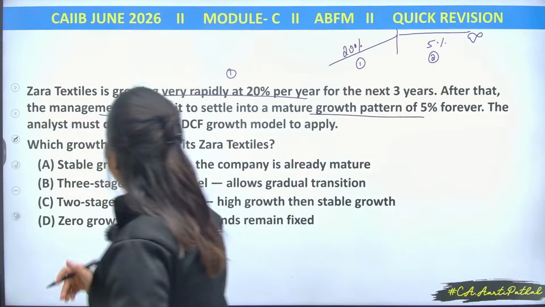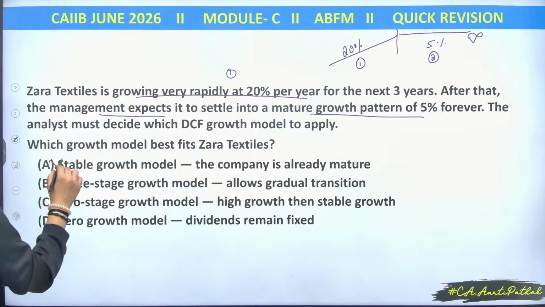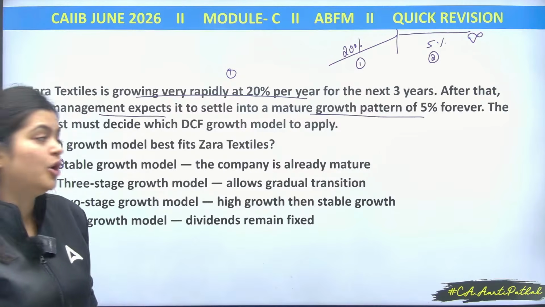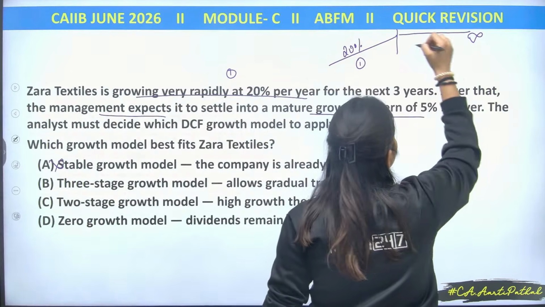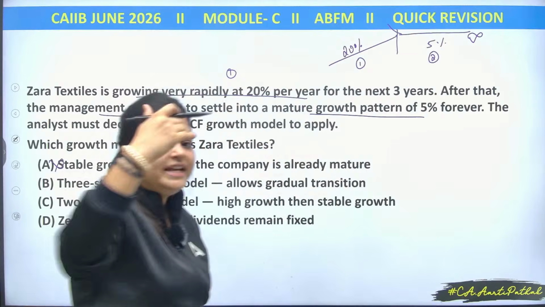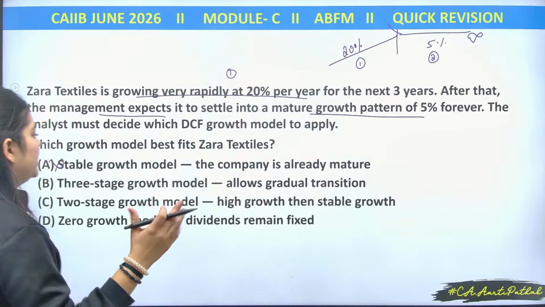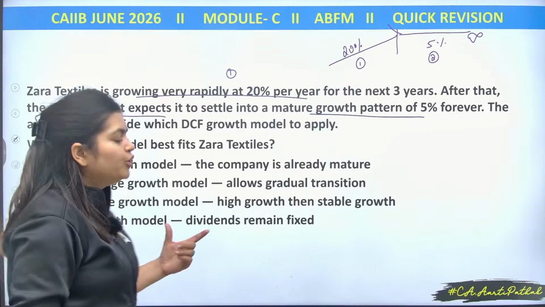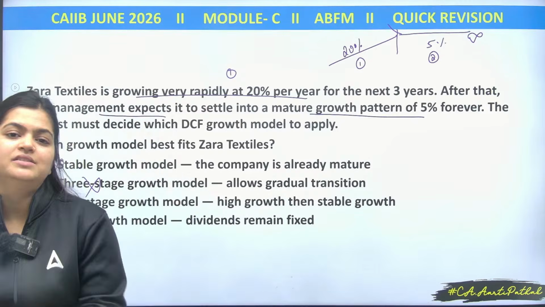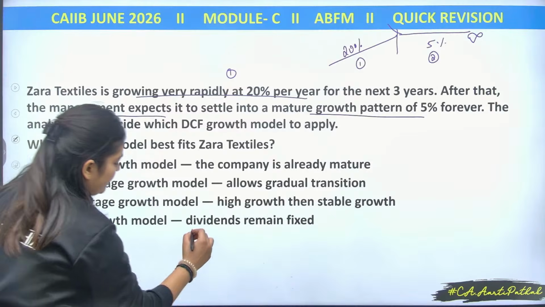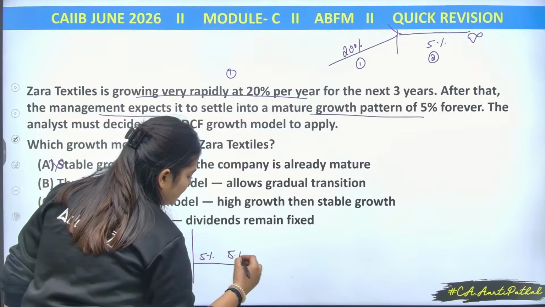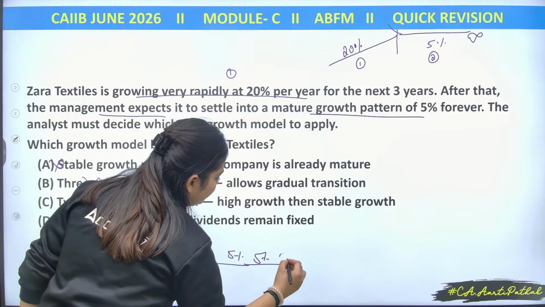So this is not the stable growth rate model. Next is 3-stage growth model. In this 3-stage growth model, you will be having one more stage where you can see linear declining in the growth. That is not given, so this is not a 3-stage. Zero growth model? No. In zero growth model, your dividend will remain the same. Suppose the company is giving in the first year, let's say 5%, so they will be giving 5% till infinite period.